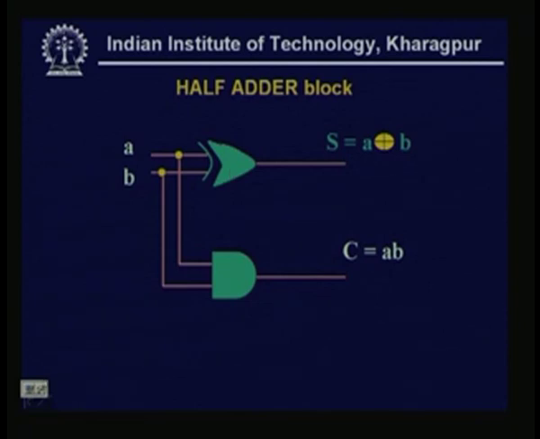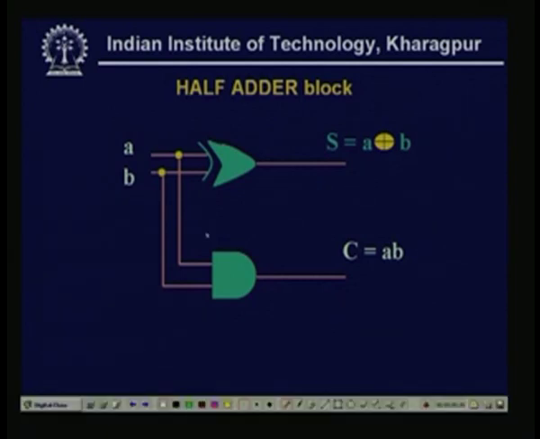Sum is defined as A XOR B and the carry generated will be the AND of A and B. So, C equals A B and S equals A XOR B. This can be treated as a half adder module, my basic building block whose inputs are only 2, A and B, and there are 2 outputs, the sum and the carry.